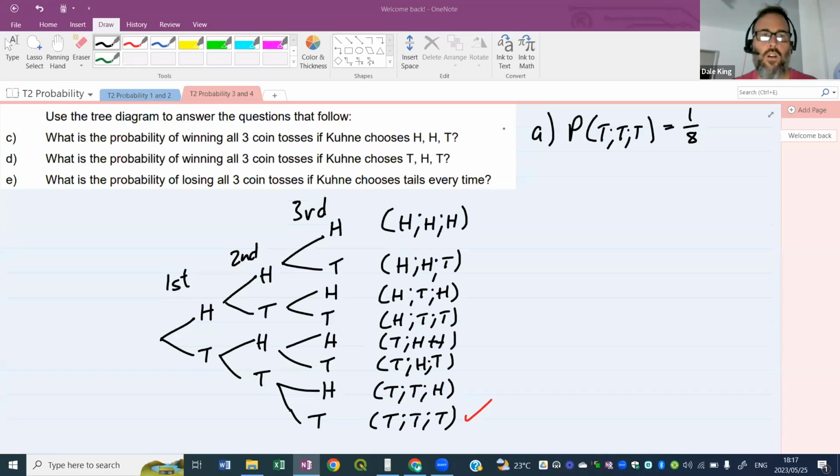If they don't ask for a fraction, a percentage, or decimal, you leave it as a fraction, because the person that's marking wants to see the 8 and they want to see the 1 in your fraction. That's what they're looking for. So just leave it like that. All right, who's going to help me with question C?